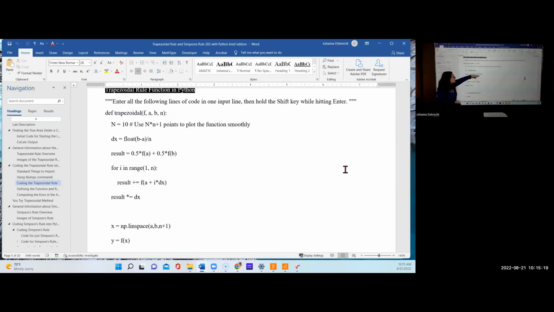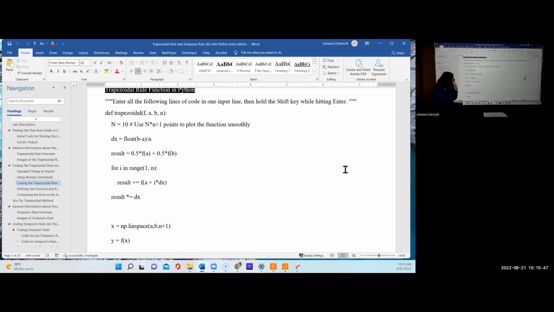So what it's going to do is compute these, then compute this and add it onto it and set the new value to be equal to result again. So it's not going to lose this. The first time it goes through, it's going to add this on. And what does this do? Well, it takes the function value at a plus I times delta x, and it adds that onto what was already here. And it's going to do this repeatedly for I between 1 and n.